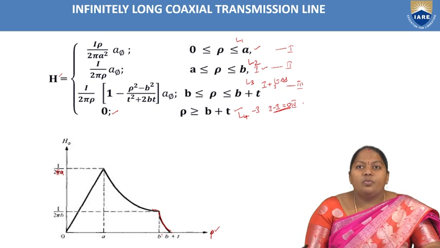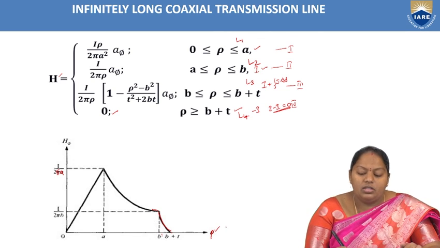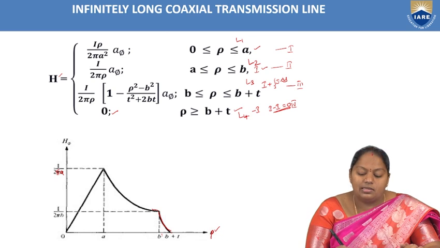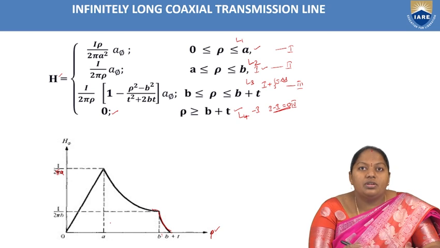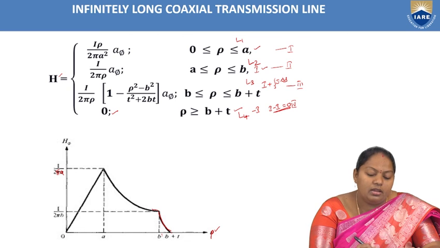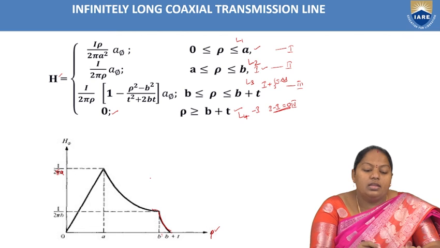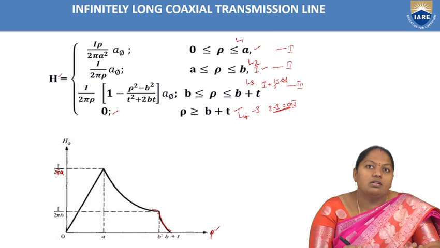From all these 4 possible regions, we are going to draw a graph, a curve between H-phi and rho, that is, magnetic field intensity H versus rho. From 0 to A, the relation between H and rho is directly proportional, hence there will be a linear increment. From A to B, the relation between H and rho is inversely proportional, hence it is a decreasing curve.